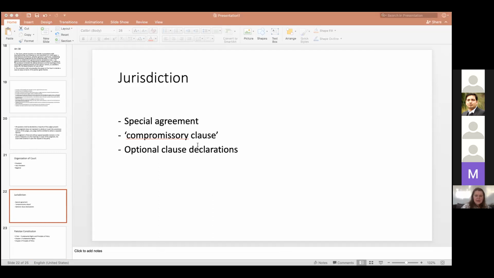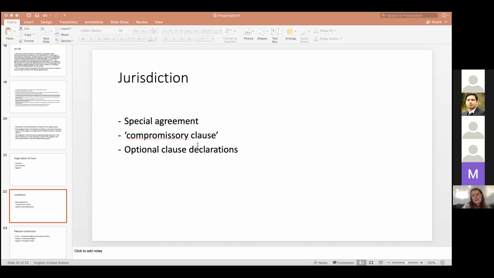I think I would only add that the court can also issue an advisory opinion to the UN or a specialized agency.